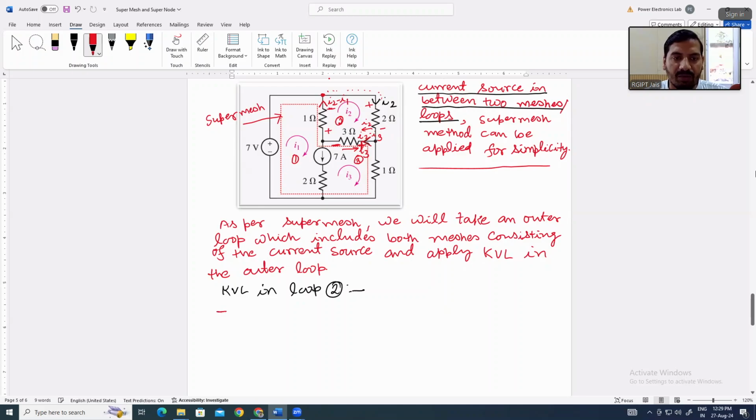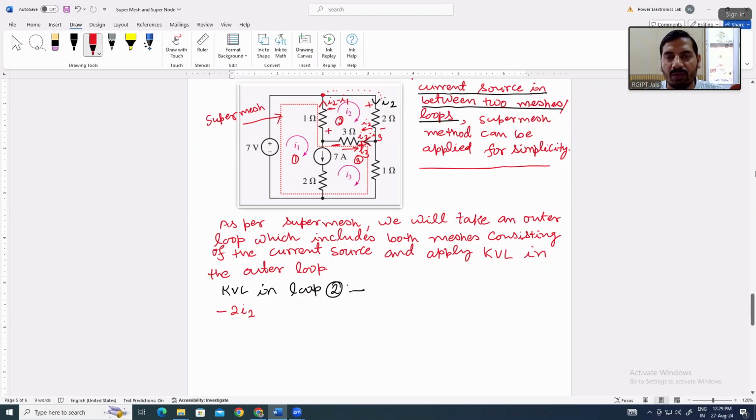So voltage drop will be minus of 2 into I2. Am I correct? The voltage drop across the 2 ohm resistor will be 2 I2, right? Because I2 is flowing in this branch.